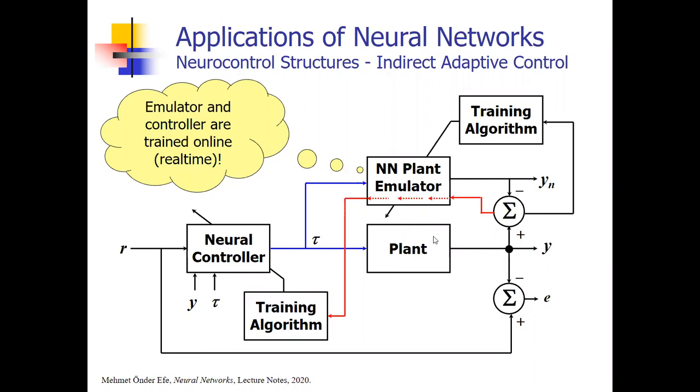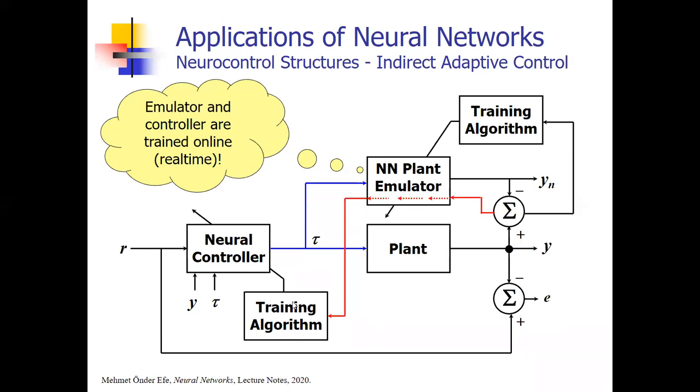The same plant is identified by an emulator. And you compute the difference between the plant response and the emulator response. And that response is fed back through the emulator by taking the partial derivatives to obtain an equivalent error in the control. And there is this feedback loop.